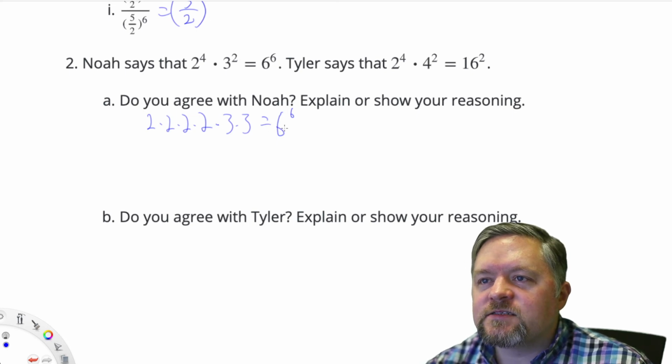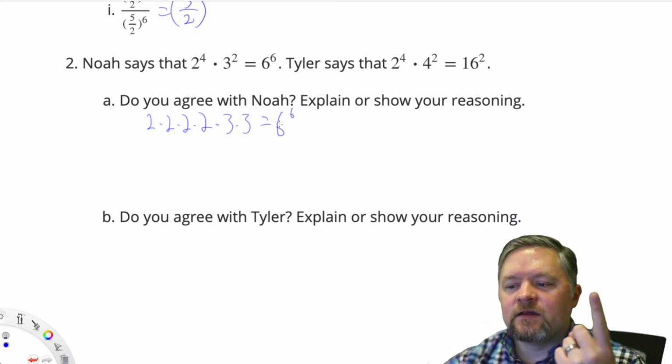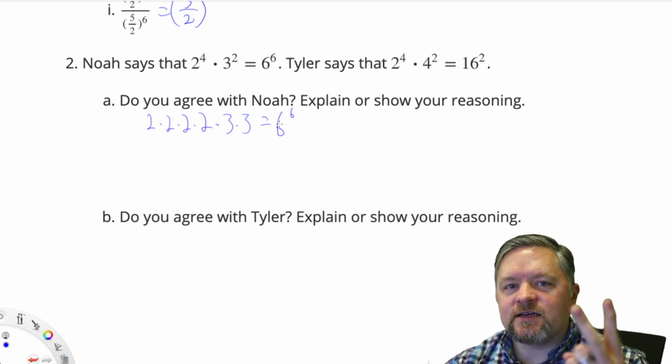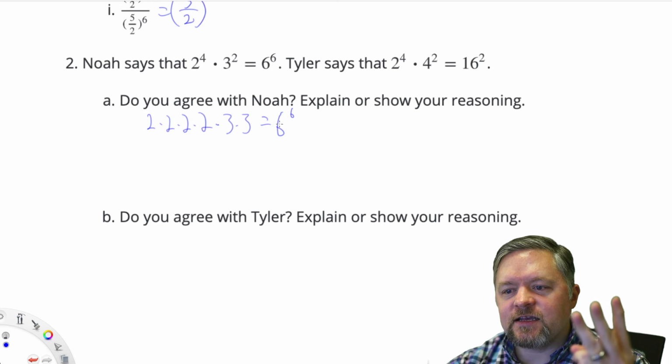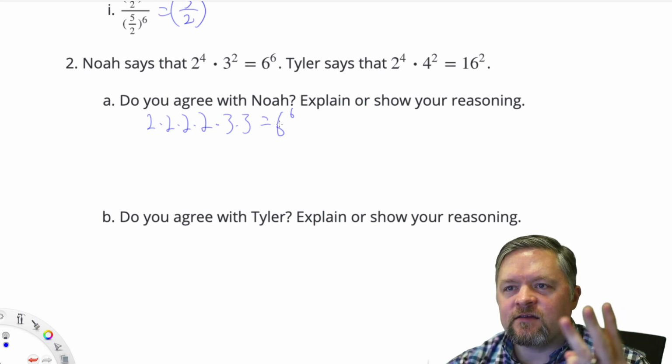What about 6 to the power of 6? 6 times 6 is 36, times 6 is, well, 30 times 6 would be 180.